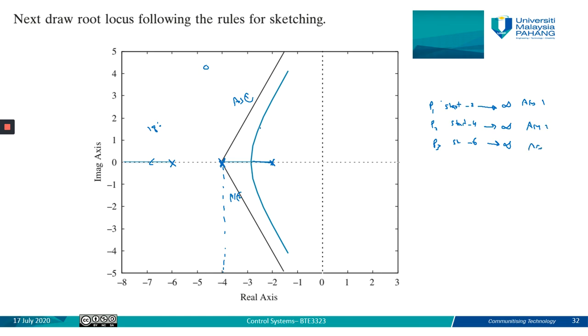Okay, so for asymptote number 1, that means we start from this pole, go there, then go to infinity. Start at this pole, go there, then go to infinity. Start at that pole, go to infinity. Okay, so this is how our root locus will look like.